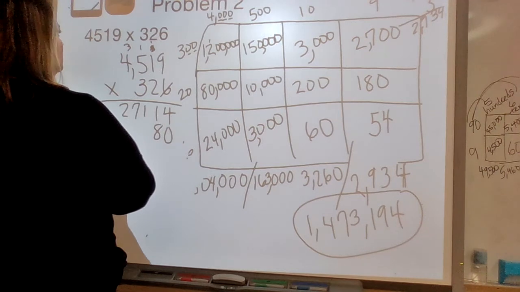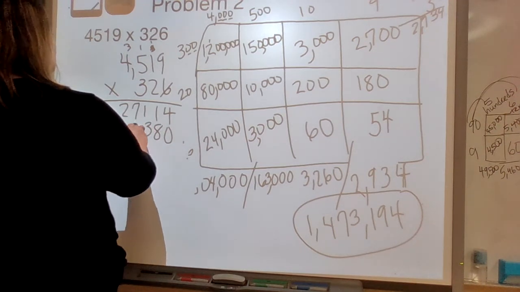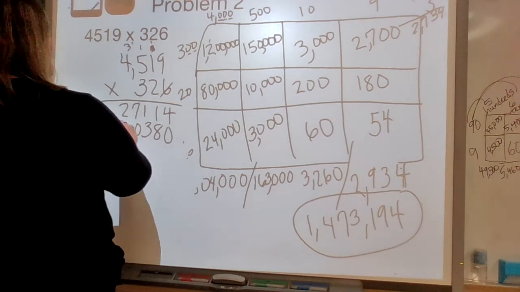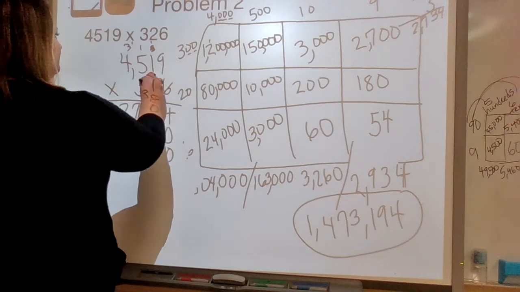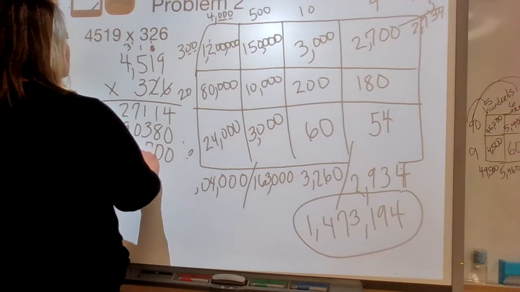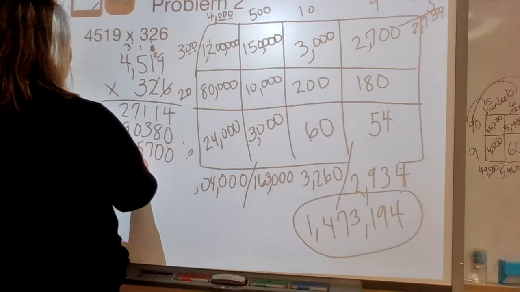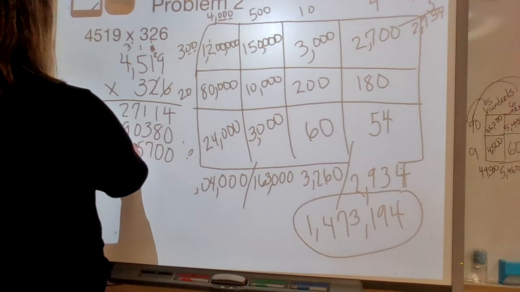I have 2 times 1 is 2. Plus 1 is 3. 5 times 2 is 10. Carry my 1. 4 times 2 is 8. Plus 1 is 9. And then I'm going to have 2 zeros here. And then I have 9 times 3. And that's going to be 27. 3 times 1 is 3. Plus 2 is 5. And then 5 times 3 is 15.